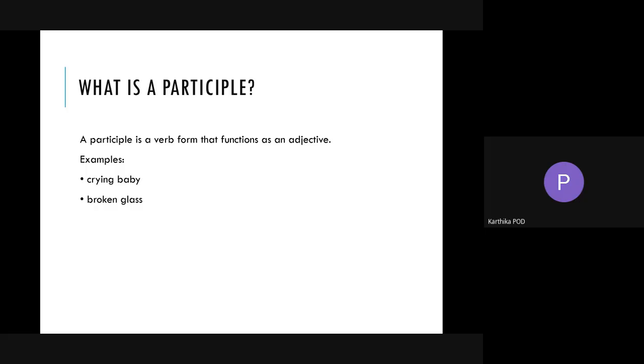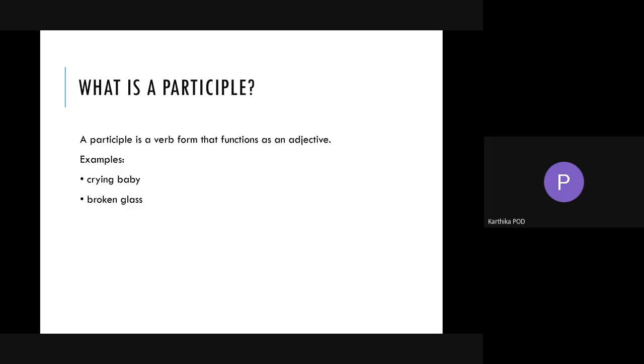Now, as we proceed with the slides, we'll see how this is different from a verb, or you may also look at it as, can this be a noun? These are the kind of things that get confused with a participle. So we'll see how this is different and what the different kinds of participle are.